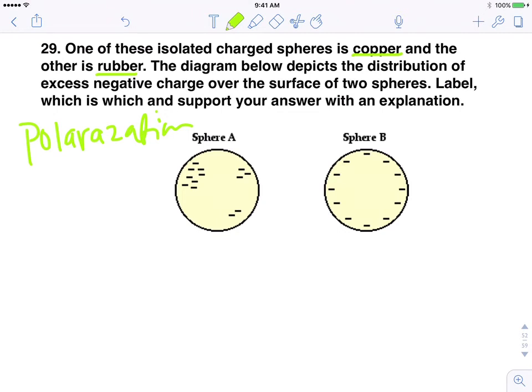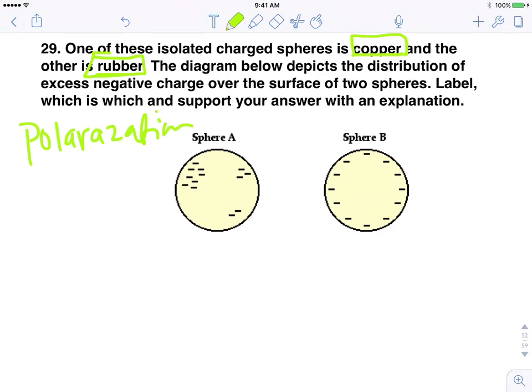So if you remember, polarization is when you're able to get your charges to go from one side to the other, and you're able to kind of equally distribute all your charges. Well, rubber will not. It's an insulator, so its electrons don't really move so freely, versus copper, which is more of a conductor, right?